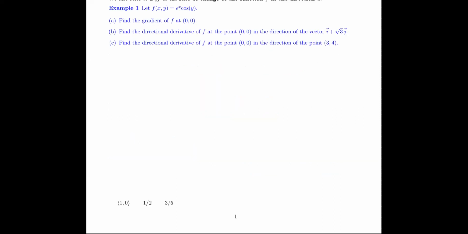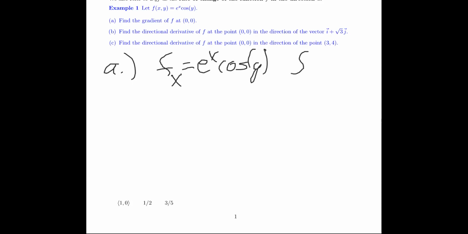So we're going to let f of x, y, this 2 variable function, be e to the x cosine of y. Part A is going to ask us to find the gradient of f at 0, 0. So the first thing you want to do is find f sub x, or the partial of f with respect to x. And this is e to the x cosine of y. Then we want to find the partial derivative of f with respect to y.